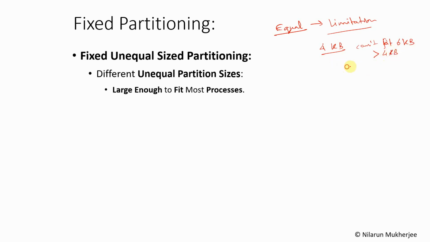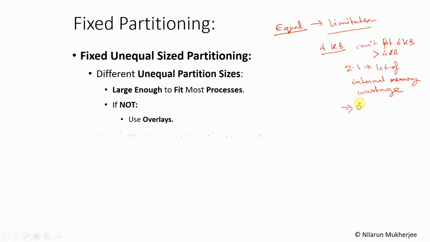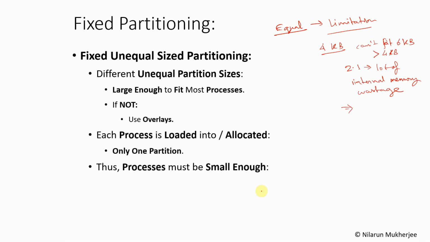And if we have a process of 2.1 kb, there will be a lot of internal memory wastage, which is internal fragmentation.